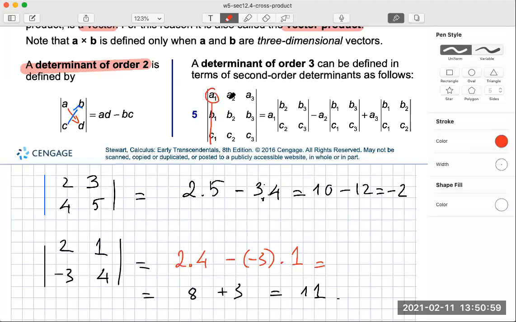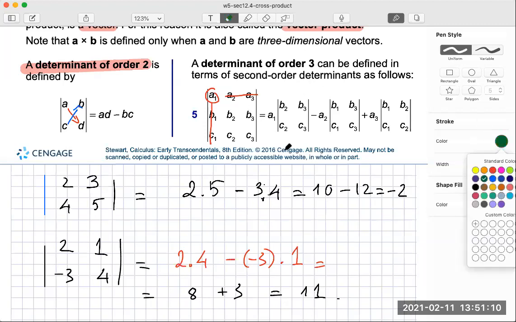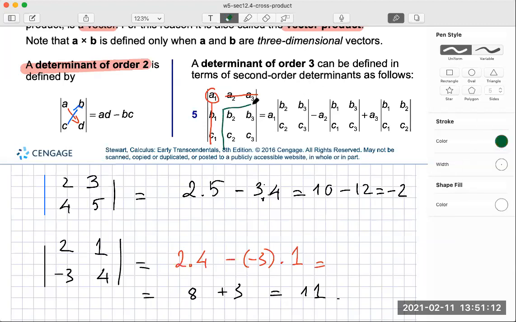A1, imagine in your head, you cross the column and the row. What is left? This will be left here, right? It leaves us the determinant of B2, B3, C2, and C3. Okay?